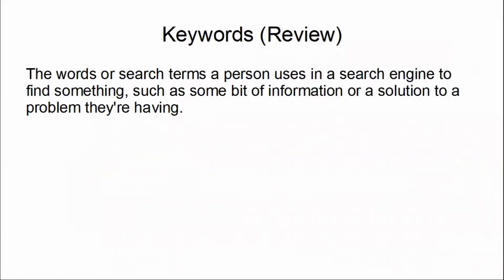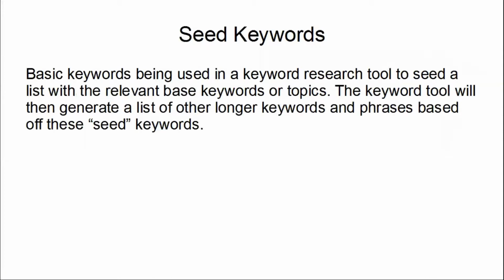So starting with the definitions. The first one, a review of what keywords are: these are the words or search terms a person uses in a search engine to find something, such as some bit of information or a solution to a problem they're having. Now we'll be introducing a few new definitions of things we'll be covering, starting in Lesson 6. The first is seed keywords.